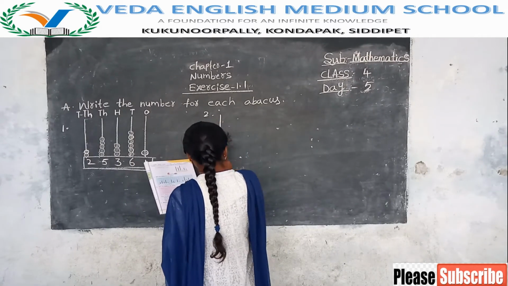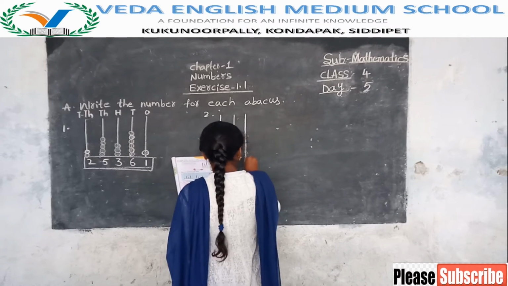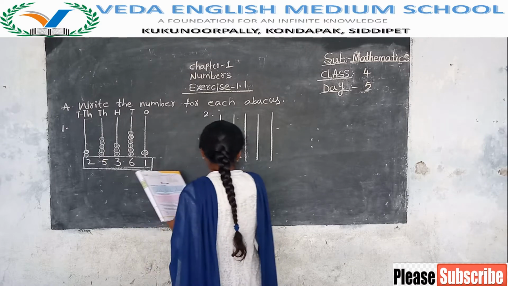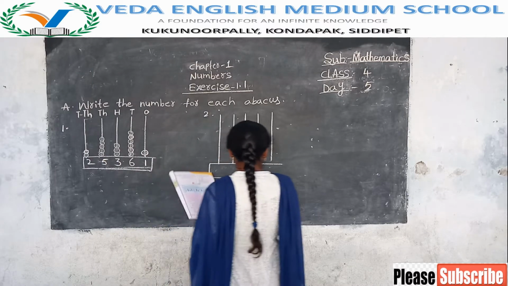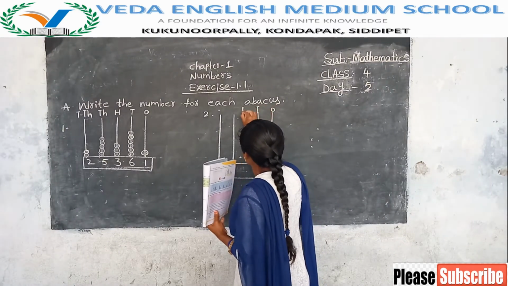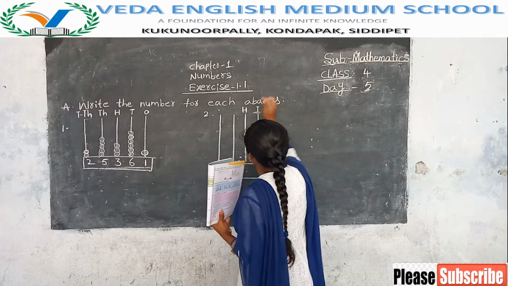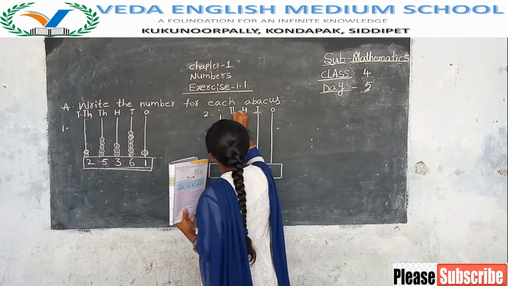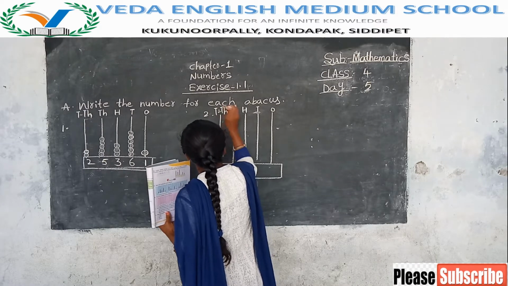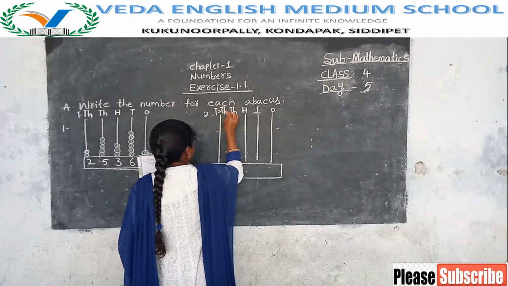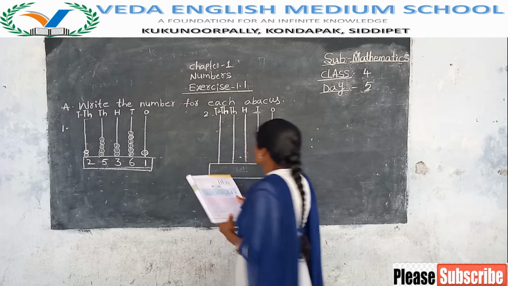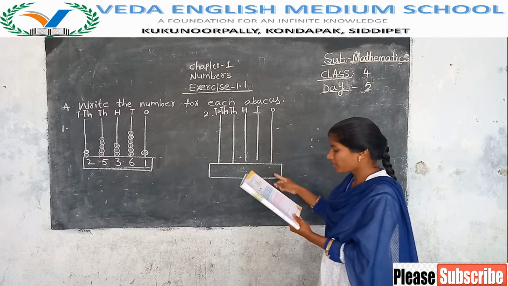1, 2, 3, 4, 5. Ones place, tens place, hundreds place, thousands place, 10,000s place. Now, how many beads are here?